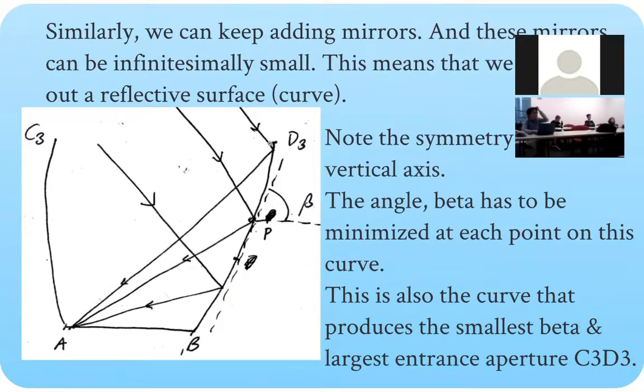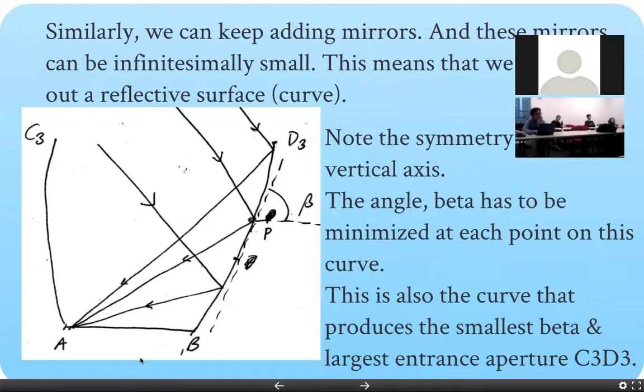Now, the few things to keep in mind, that there is a symmetry about this vertical axis. In other words, this curve here is reflected here, mirror reflected about the vertical axis. The angle beta has to be minimized at each point on this curve, which we saw before. Angle beta is defined as the angle of the ray at any point here.